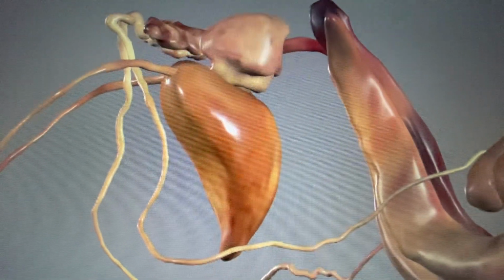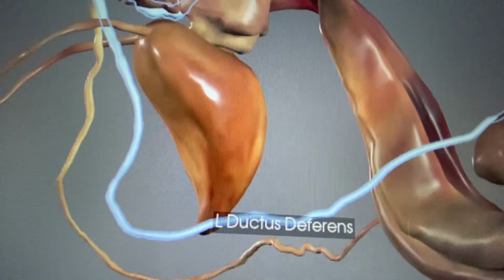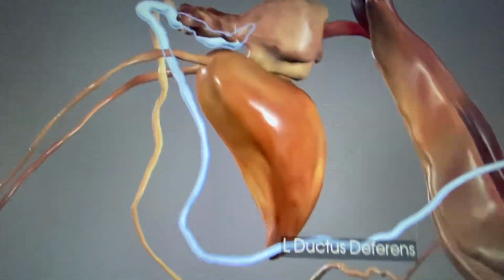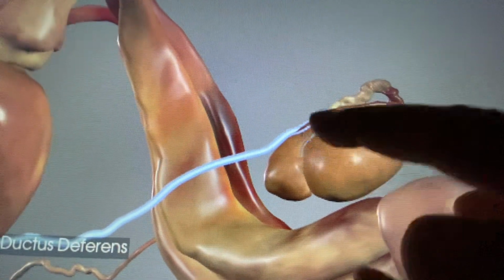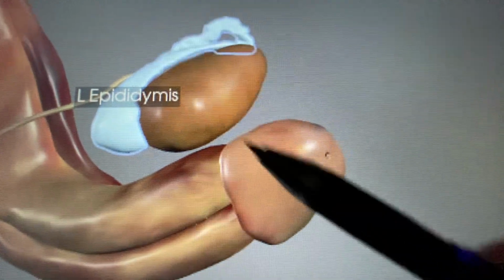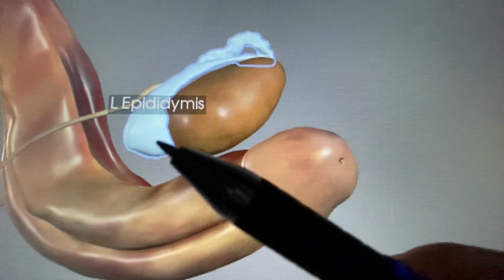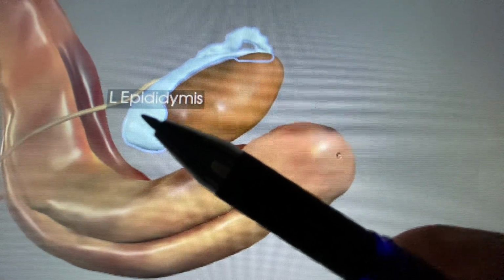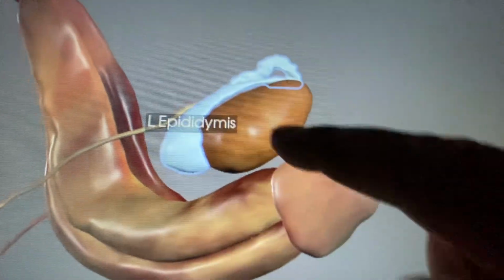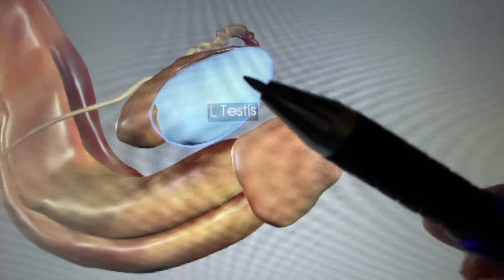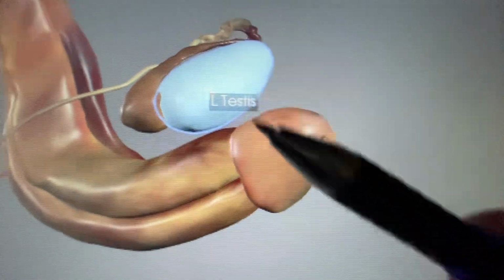This is your vas deferens, also known as your ductus deferens. That's where we do the vasectomy. Then it connects here to this area right here before the testes. That's your epididymis, and that is the maturation area for the sperm. And then, of course, the production of the sperm is your testes.